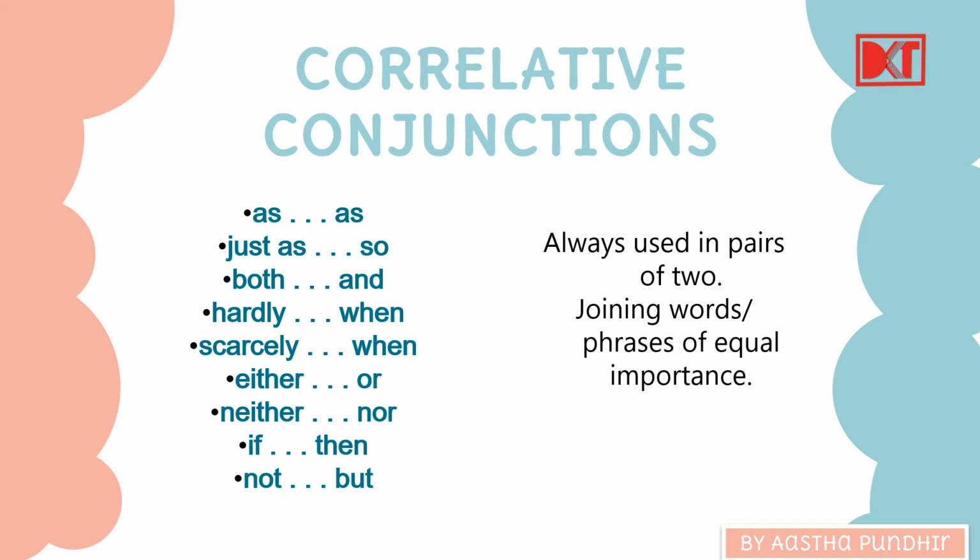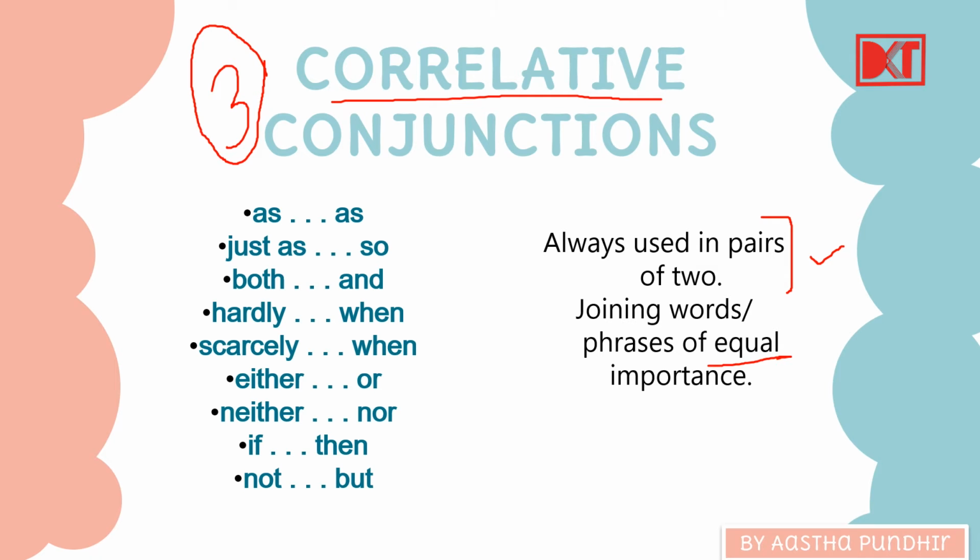So the third category of conjunctions we have are correlative conjunctions. Correlative conjunctions क्या हैं? नाम से क्या पता चल रहा है हमें कि एक दूसरे से रिलेट करते हैं. So they are always used in pairs of two. All right. And they join words or phrases of equal importance.